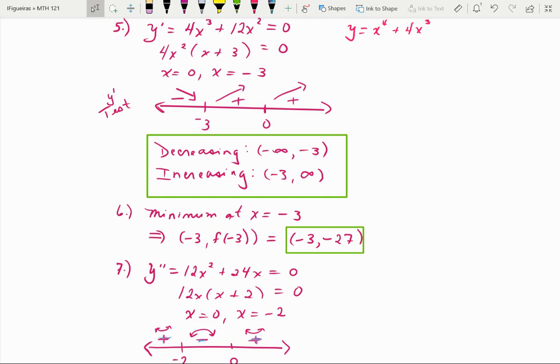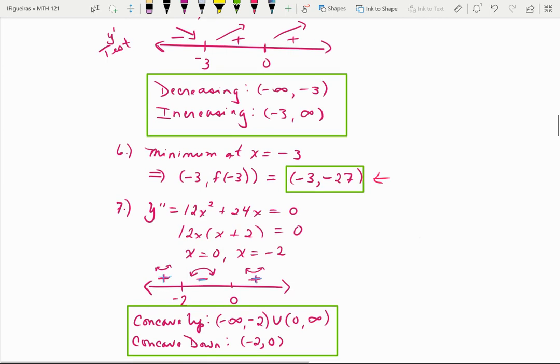And so, when x is -3, f of -3 is equal to -27. So -3, -27 is a point on the graph. Whenever you're finding points, maxes and mins, and inflection points, make sure that you're always substituting back into the original function.